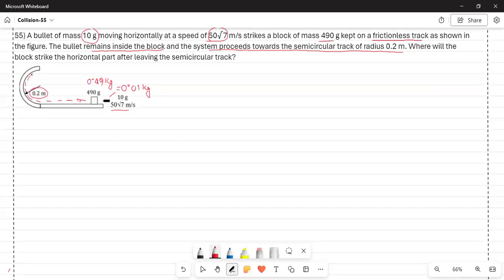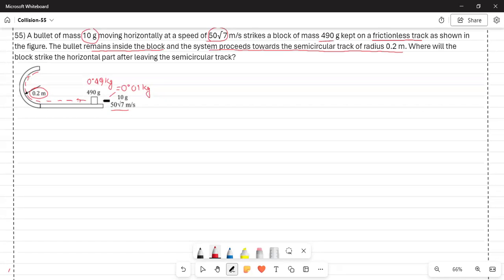Now the second part is, will it reach the end of it or not? That we have to find out from your knowledge of circular motion problems.